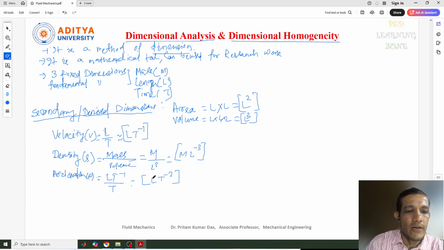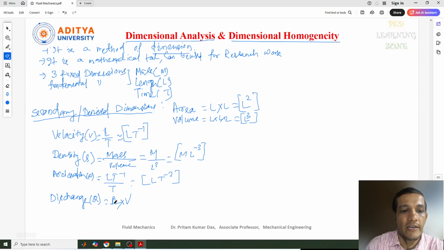Some more things we can derive, like discharge, the rate of flow of a fluid. Let's write discharge equal to Q, which is known as the volume of water with respect to time. How can we derive the dimension of discharge? Area into velocity.